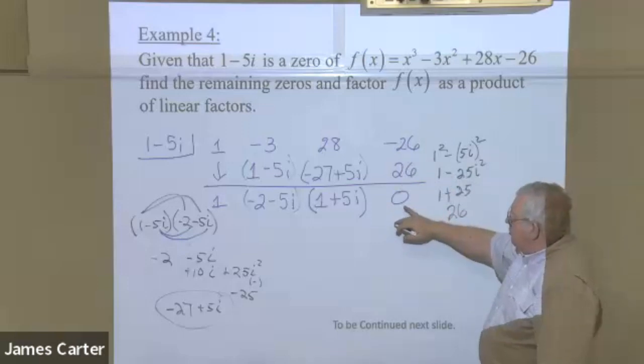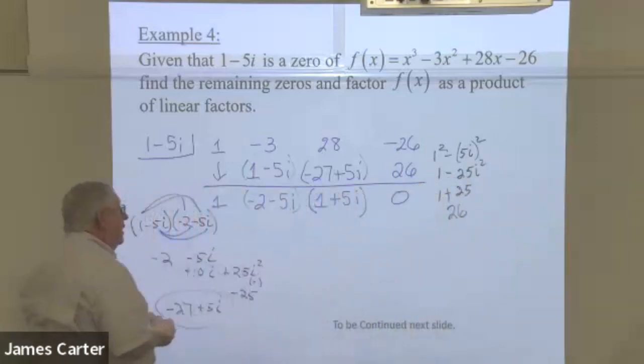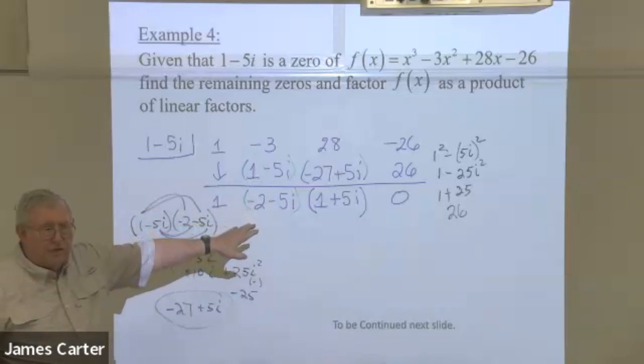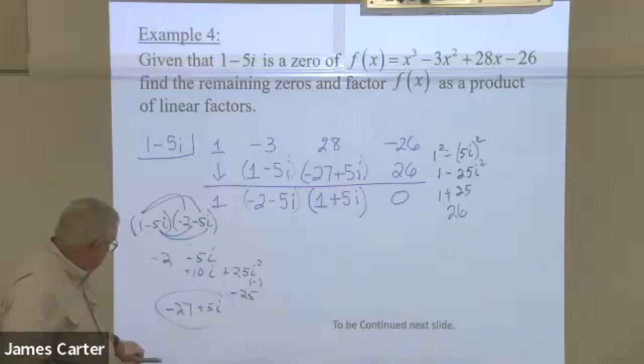Subtract these, 0 remainder. Okay, so I had to go through and show you how to do this stuff, so you'll be on track with Alex.